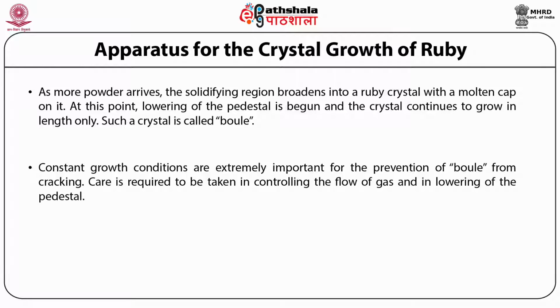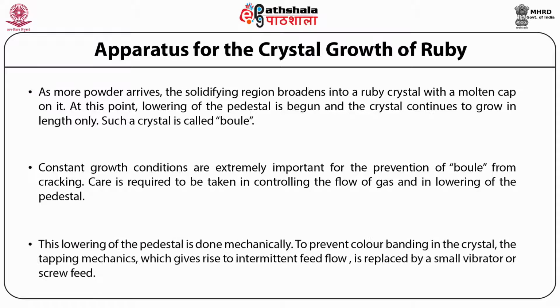Care is required in controlling the flow of gas and in lowering the pedestal. This lowering of the pedestal is done mechanically to prevent color banding in the crystal. The tapping mechanism, which gives rise to intermittent feed flow, is replaced by a small vibrator or screw feed.